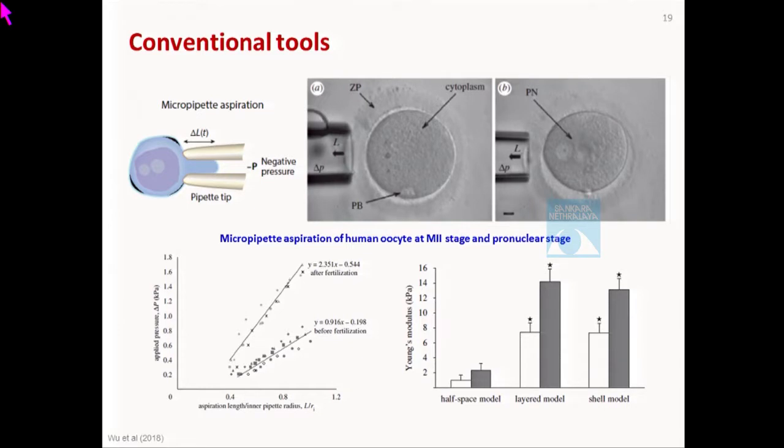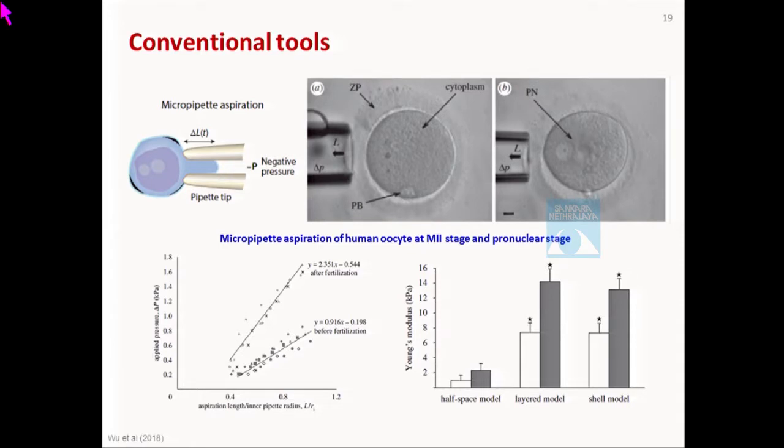So on your y-axis, you have the applied pressure, that is the atmospheric pressure minus the negative pressure, and the x-axis is the aspiration length, normalized with respect to the cell size, for example. As you increase the pressure, you have a higher and higher length of the cell getting into the micropipette.